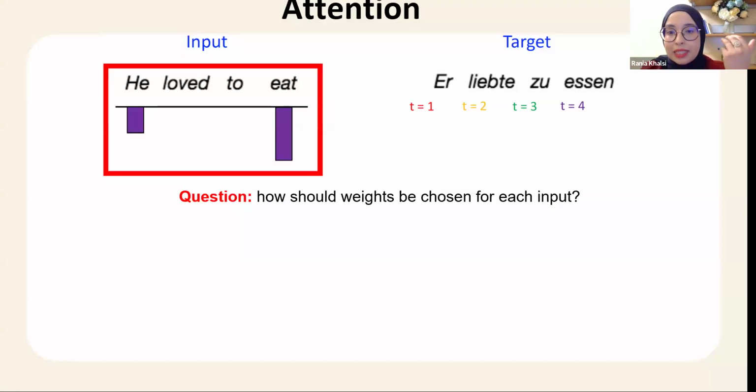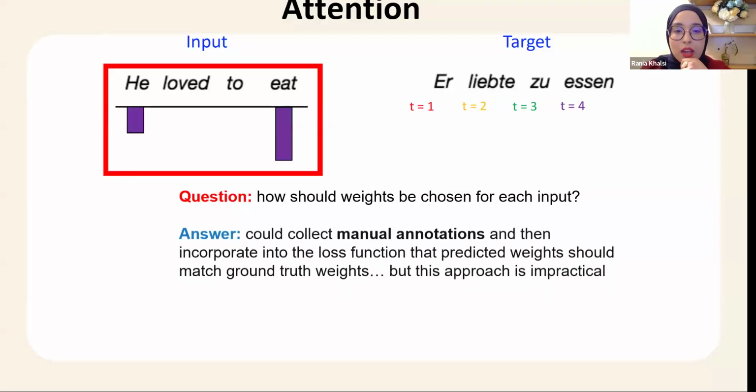So how do we decide that at a given time step, certain words should receive higher or lower attention? What exact values should these weights take, and how do we select them? All these are very important questions.